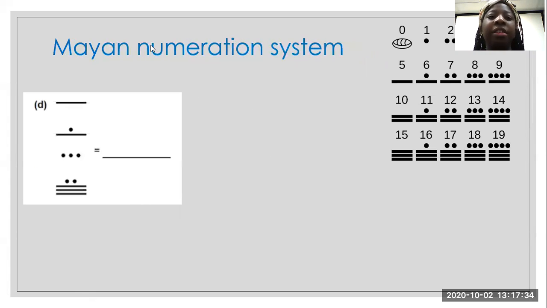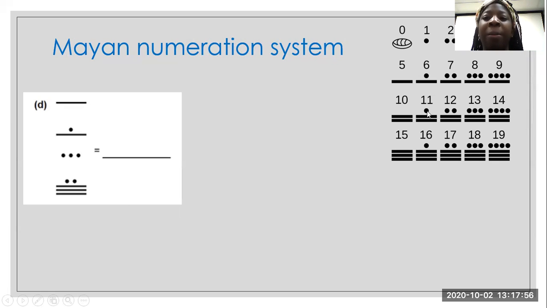Now, like I said, our Mayan number system is a little complicated. Unlike the other number systems, with the Mayan number system, we have to multiply it by the place value. Most people would just think that you have to add the 5, add the 6, add the 3, and add 17, but that is actually not correct.